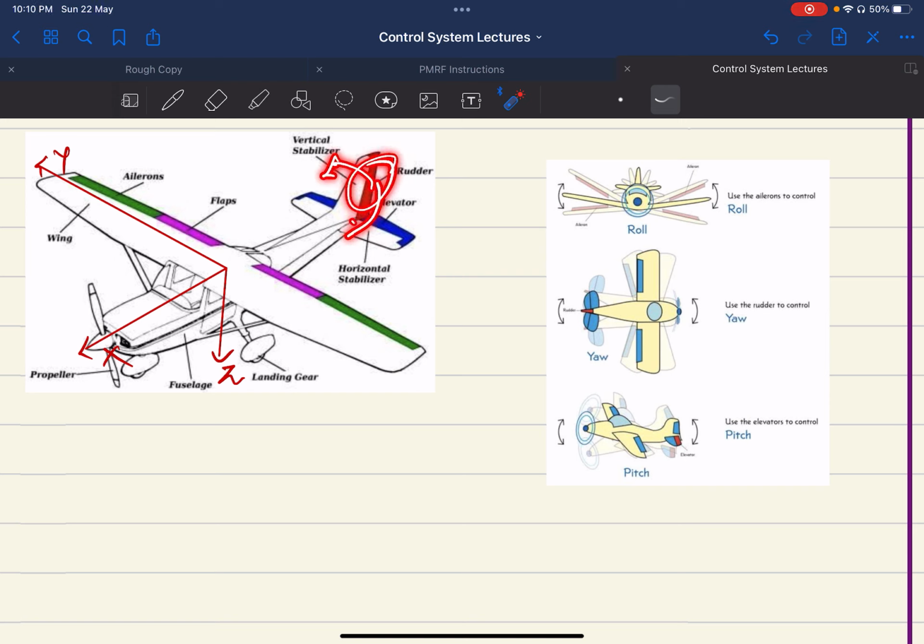And the elevators help in pitching, like if the vehicle will be going up or down. So there are so many control surfaces, like here in the diagram itself. One is the propeller, one is the aileron, one is the elevator, and another is the rudder. And there are many other control inputs to the fixed wing vehicle.